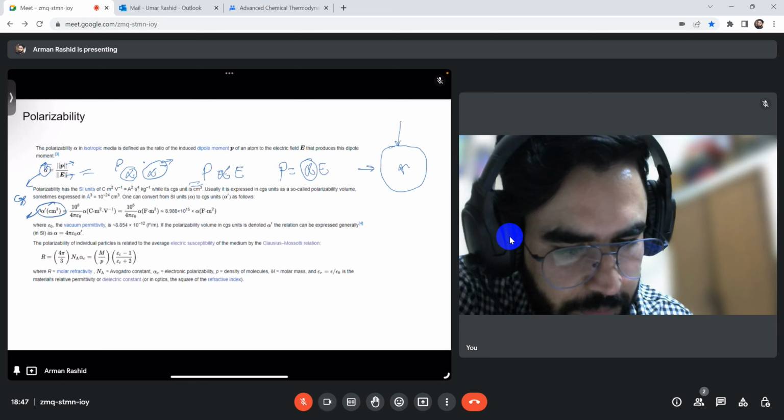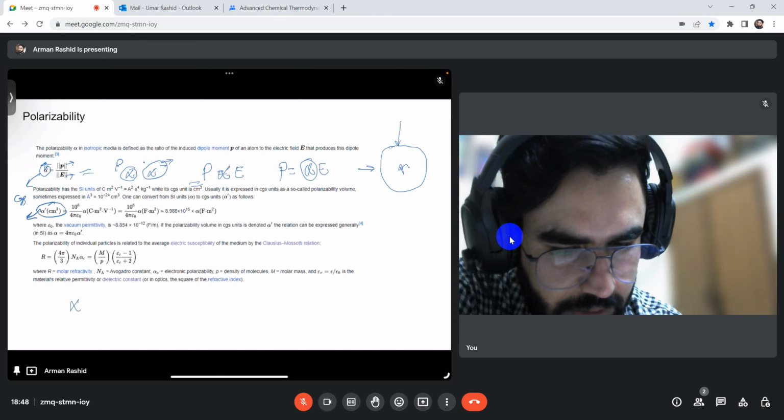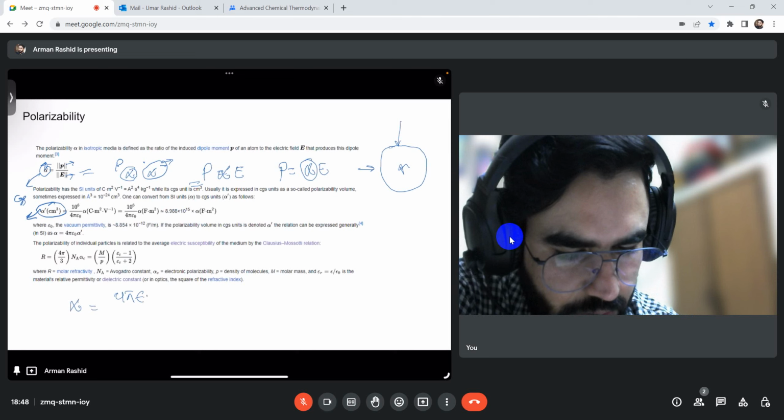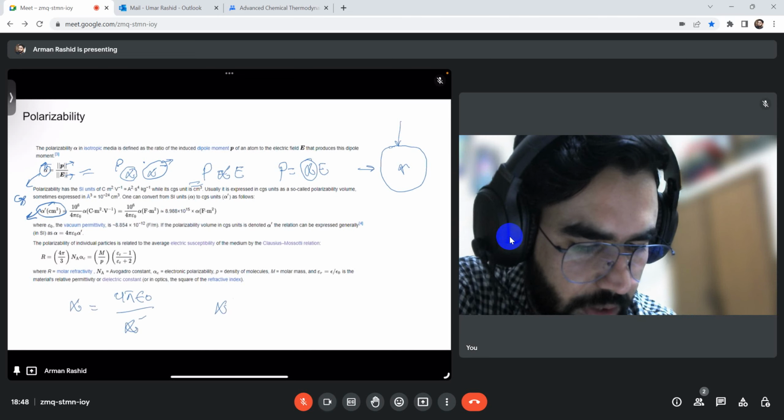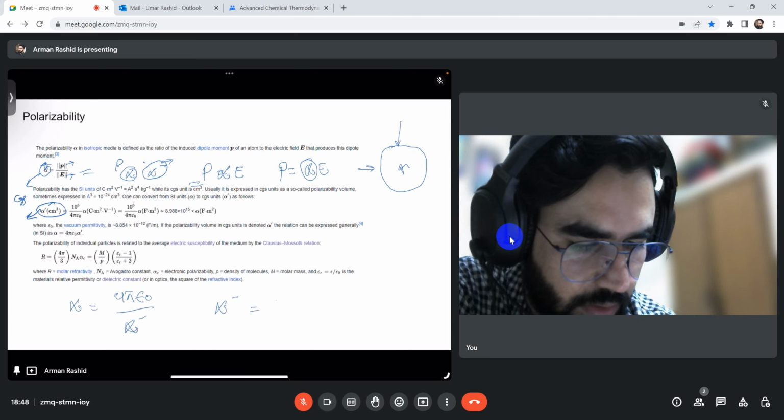In other words, we can write that the polarizability volume is given by alpha divided by 4 pi epsilon 0. Okay, so this is the polarizability volume.